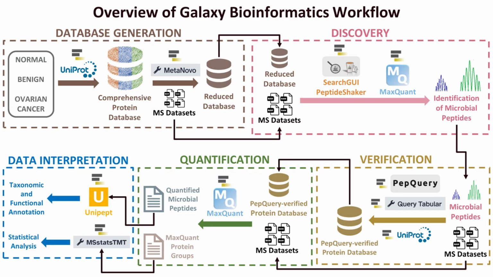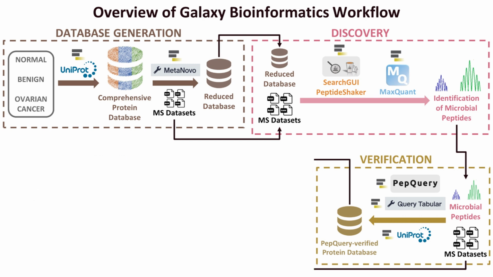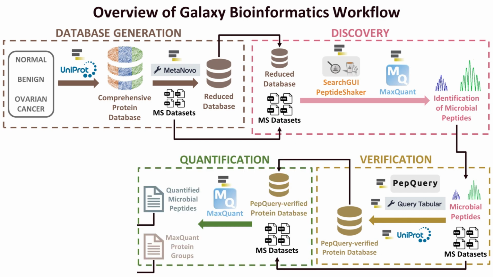Now let's see where we are in the tutorial. So we've completed 3 out of the 5 modules of this tutorial: database generation, discovery, and verification. We've now reached the quantification module. Performing quantification enables researchers to measure and compare the abundances of proteins and/or peptides in biological samples.